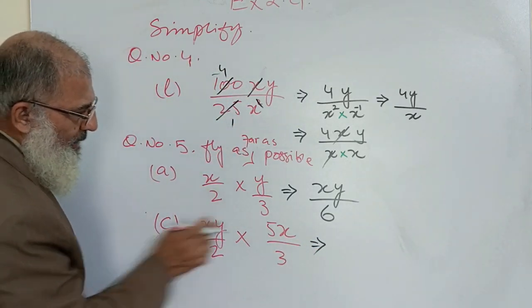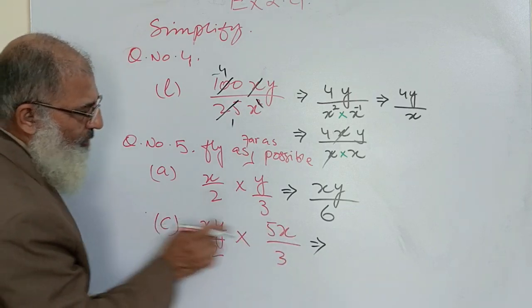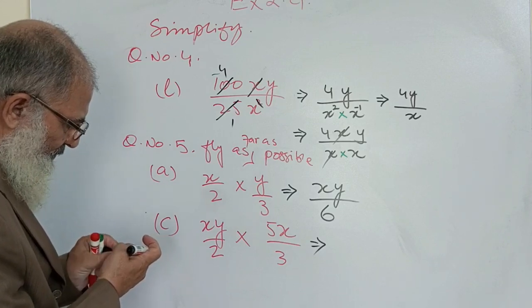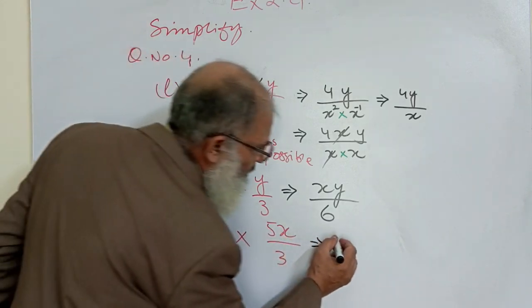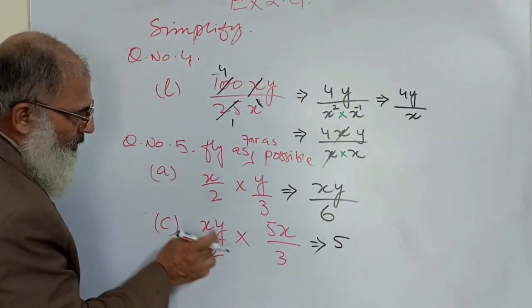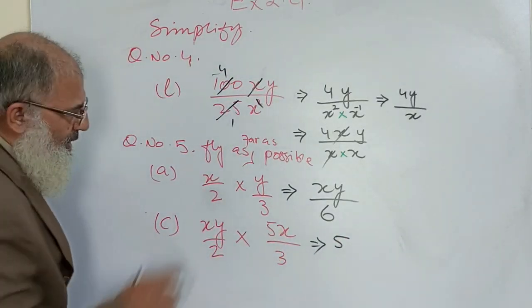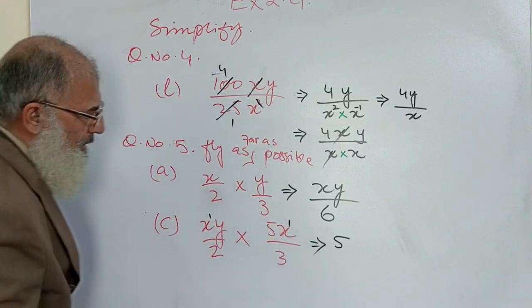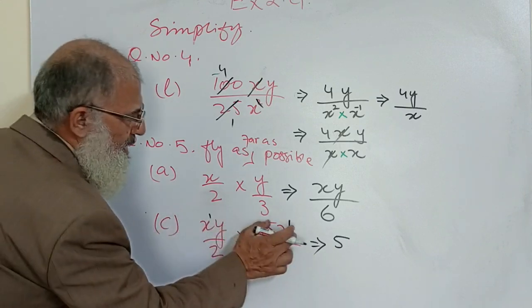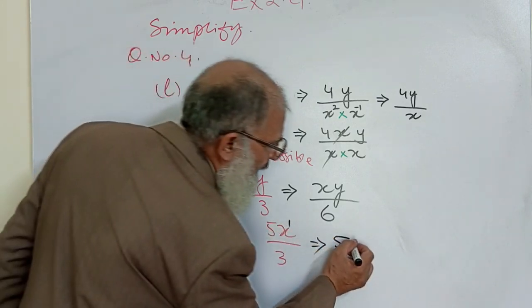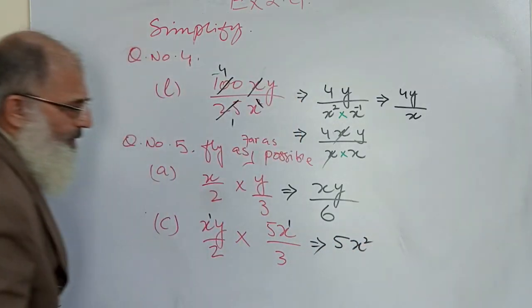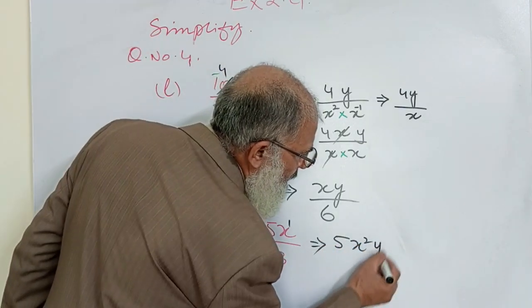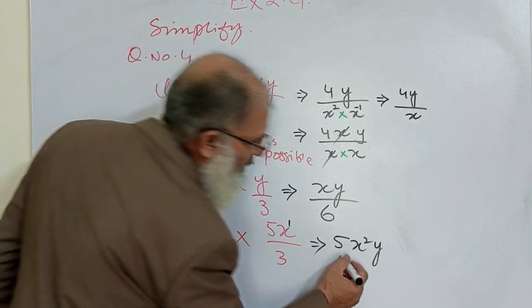Here we have x, here we have x, here we have 1, here we have 5. 1 times 5 is 5. The bases are the same, so we have to add the powers. Here power is 1, here power is 1, so when the bases are the same, the powers are added. We know it very well now. Now y is all alone over here, and the denominator is 6.